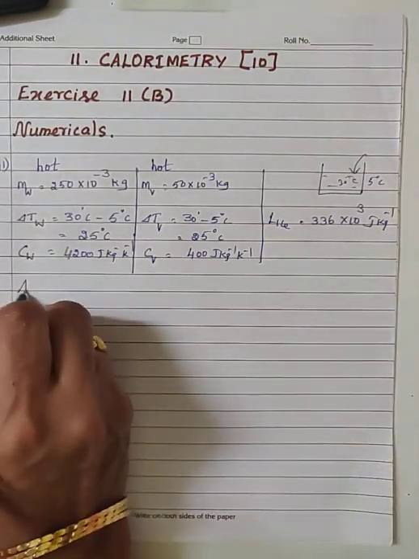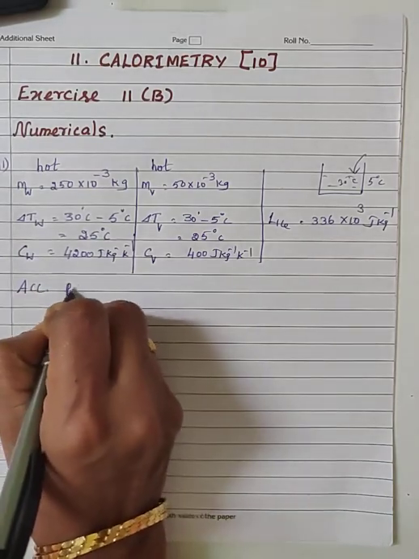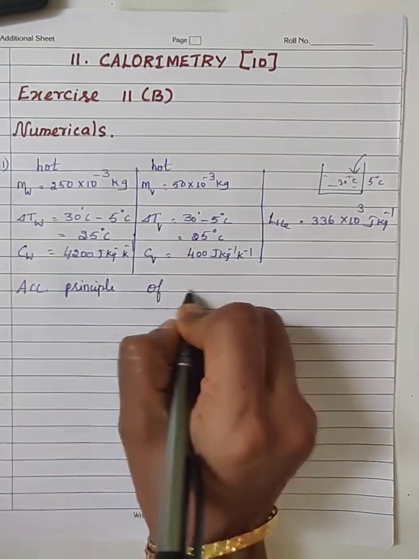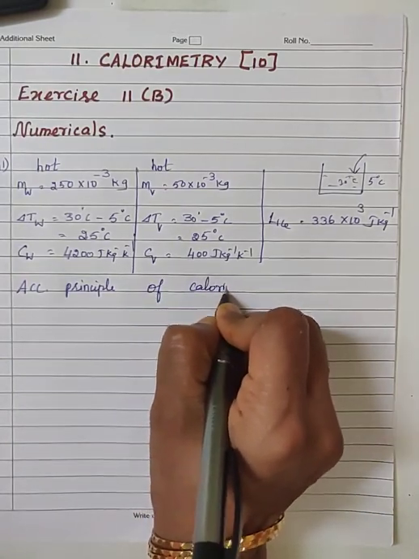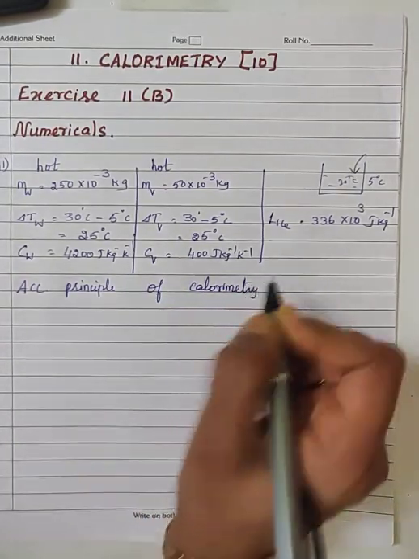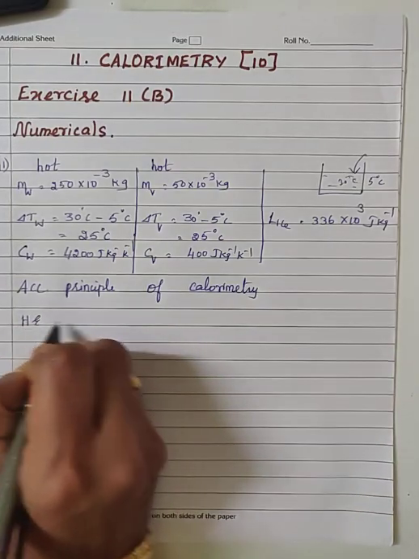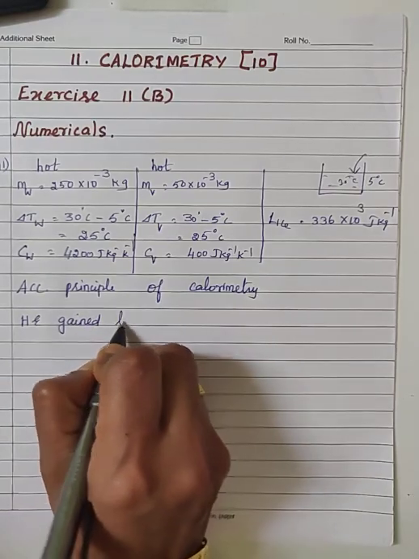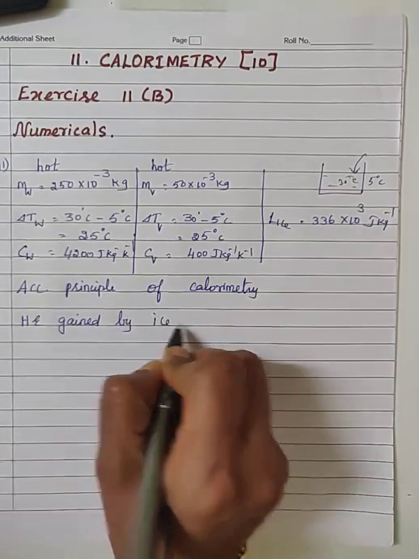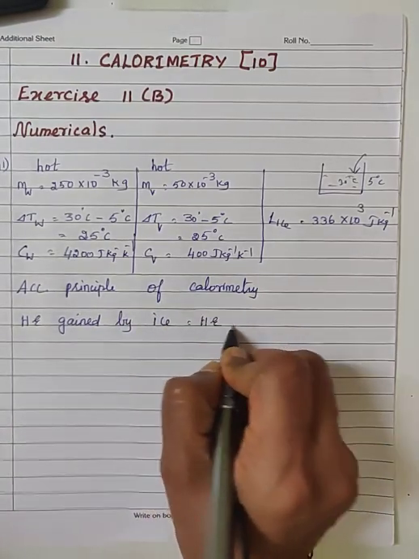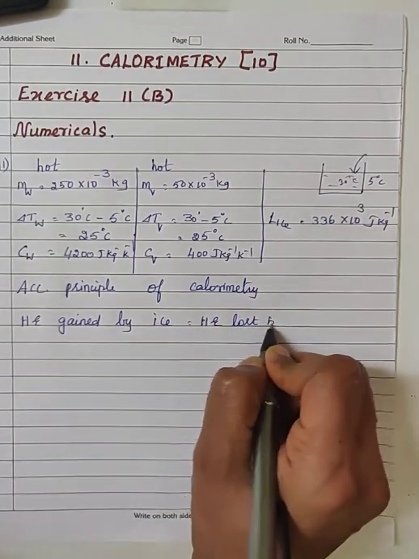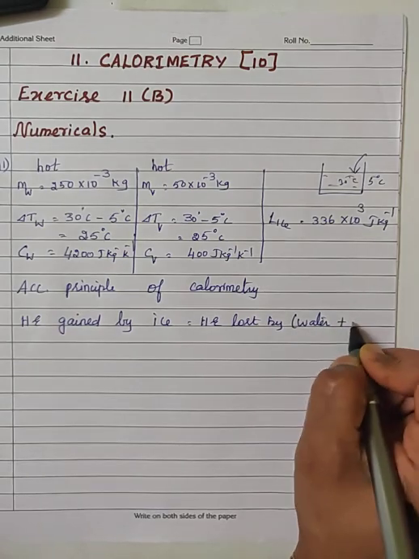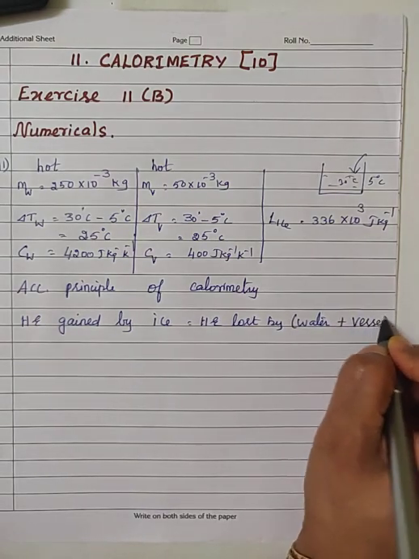So I can write, according to the principle of calorimetry, heat energy gained by ice, because ice is the cold body which is gaining heat energy, is equal to heat energy lost by water plus heat energy lost by the vessel, that is the copper vessel.